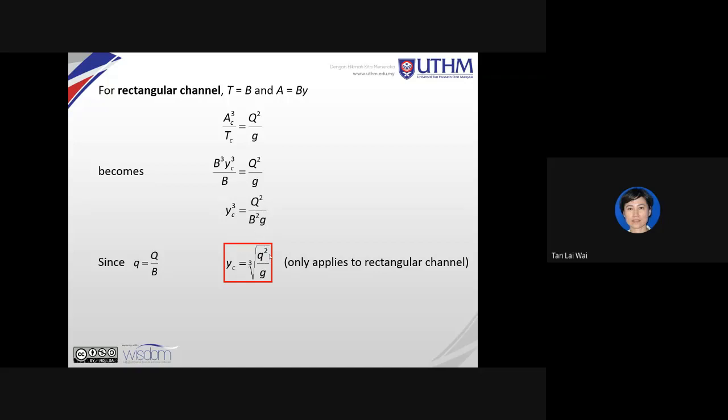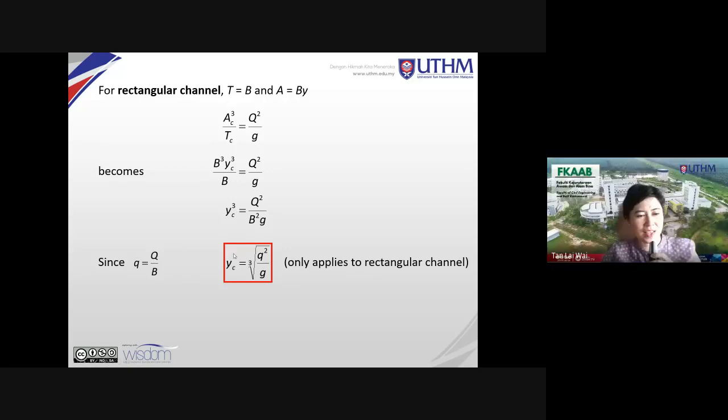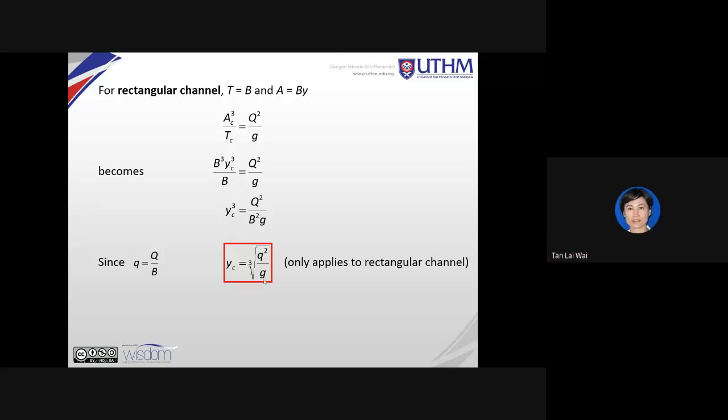So we are going to have q squared over g. I have the cubic power here, I cancel the cubic power, so this becomes a cubic root. So you have the cubic root of q squared over g.